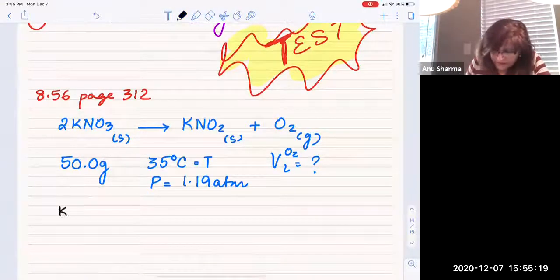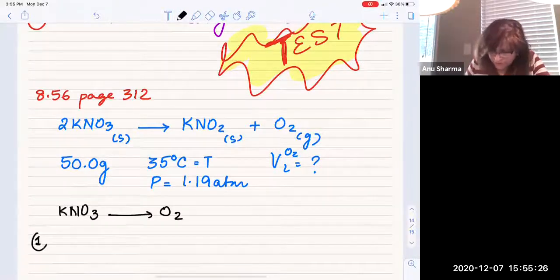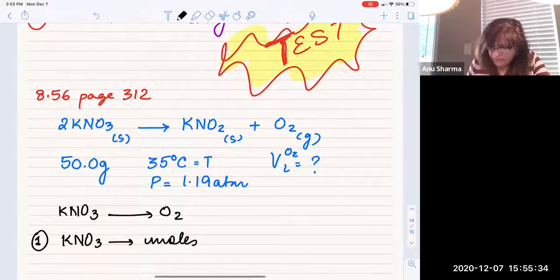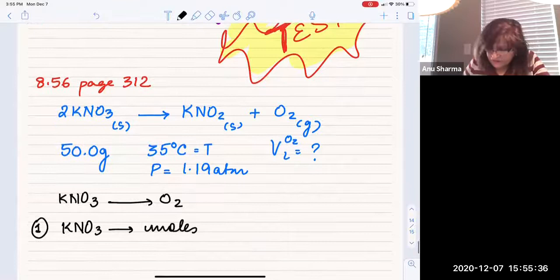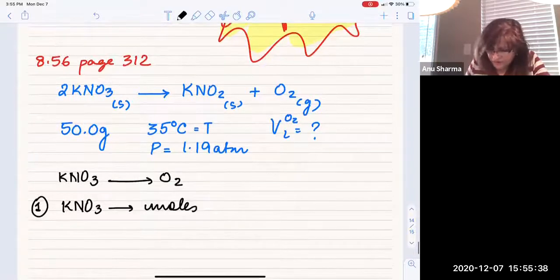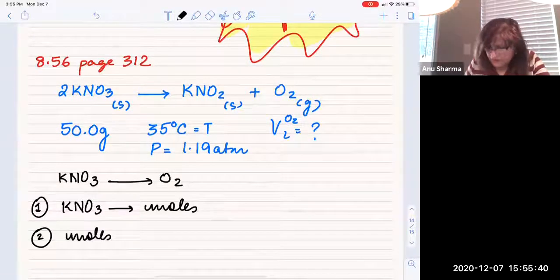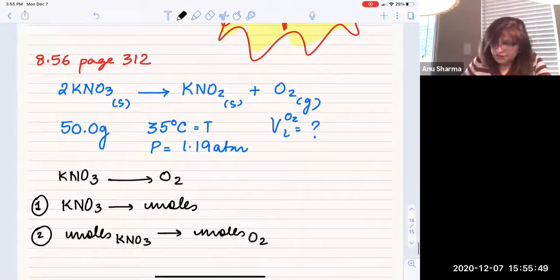Okay, potassium nitrate, KNO3, to oxygen. So here's your roadmap. First, KNO3, find the moles. Next, you take the moles of KNO3 and convert those moles to the moles of oxygen, again using the stoichiometry.